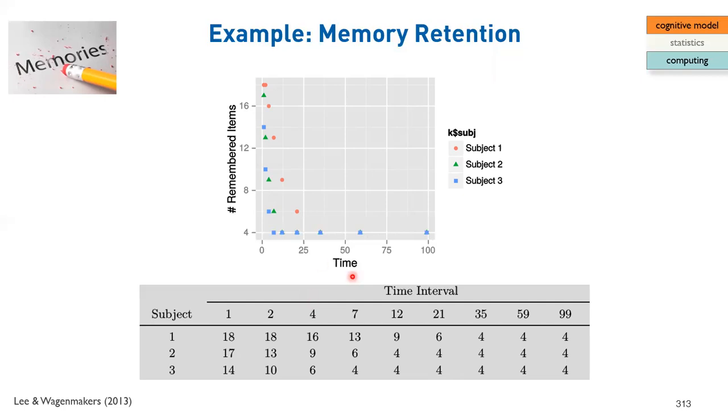In the beginning, the first participant could report all 18 items, and at the second time interval the person also successfully recalled every item. Later, 2 could not be recalled, and then 3 could not be recalled. The number of items that can be recalled gets less and less, from 18 dropping to 4 after 99 time units, whatever that is.